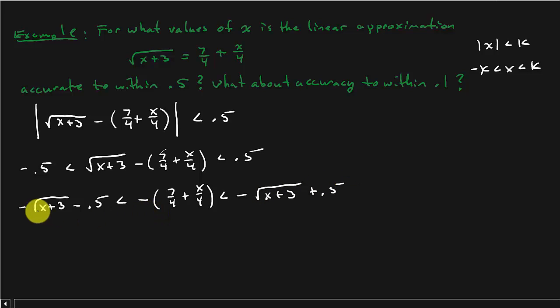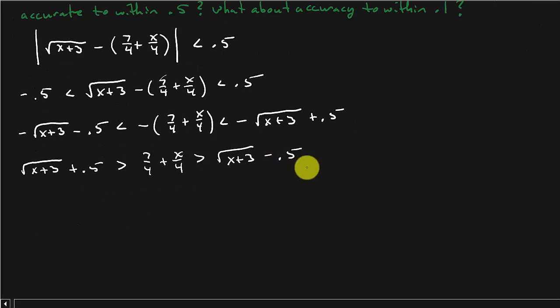And then I've got to multiply through by negative 1 to get rid of that negative. So that's going to be square root x plus 3 plus 0.5. Remember, reverse the inequality symbol: 7/4 plus x over 4 greater than square root x plus 3 minus 0.5. I multiply through by negative 1.